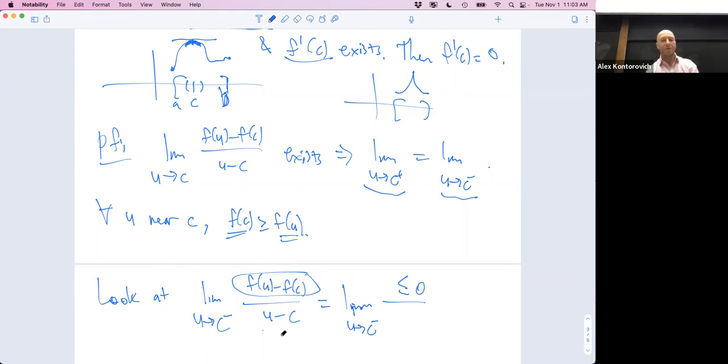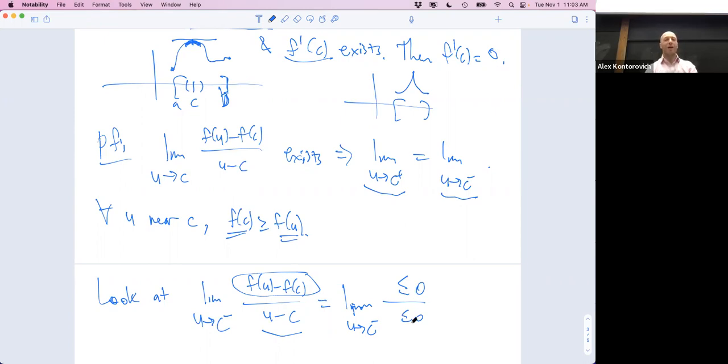How about the denominator? We're approaching c from below, so u minus c, positive or negative? u is smaller than c, so if I take u minus c, guys, anybody here? If I take something smaller and I subtract something bigger, then I get something negative, yes, right?